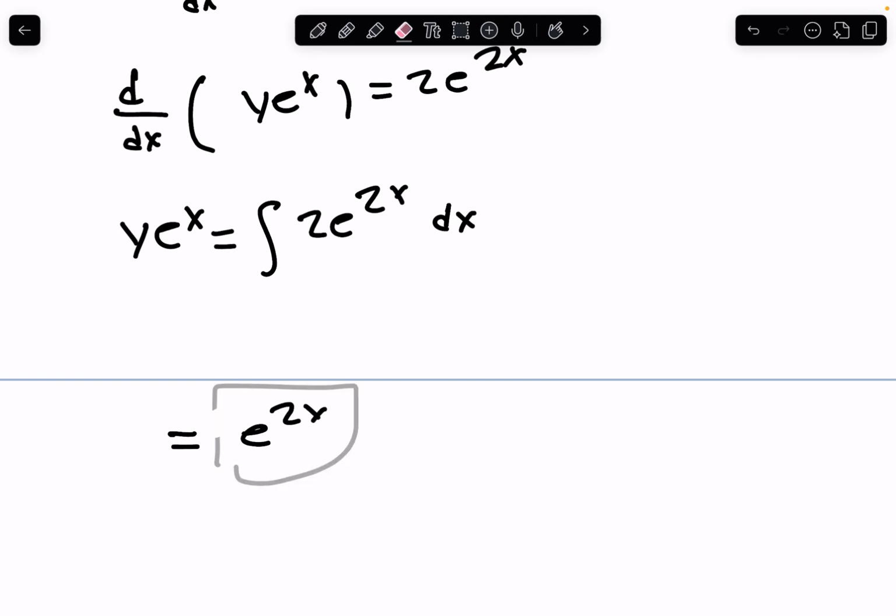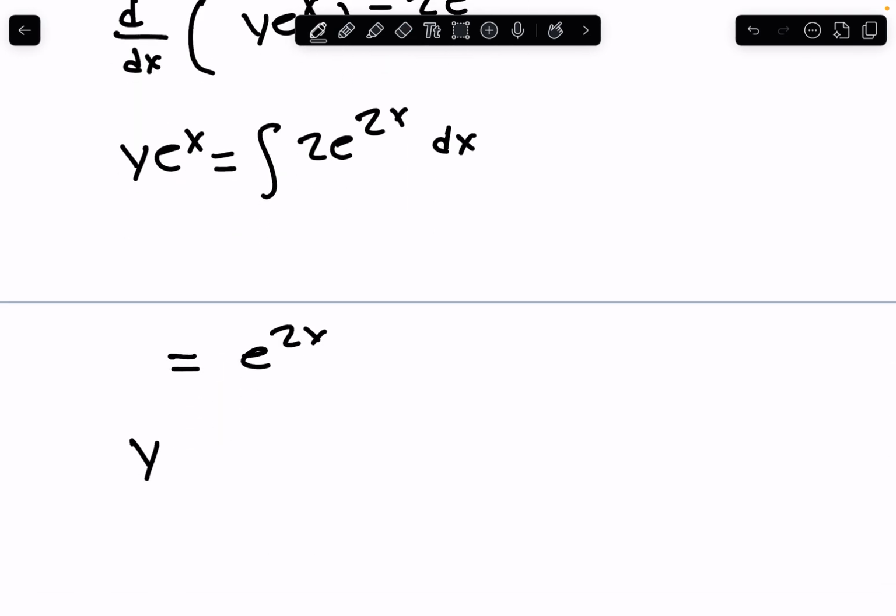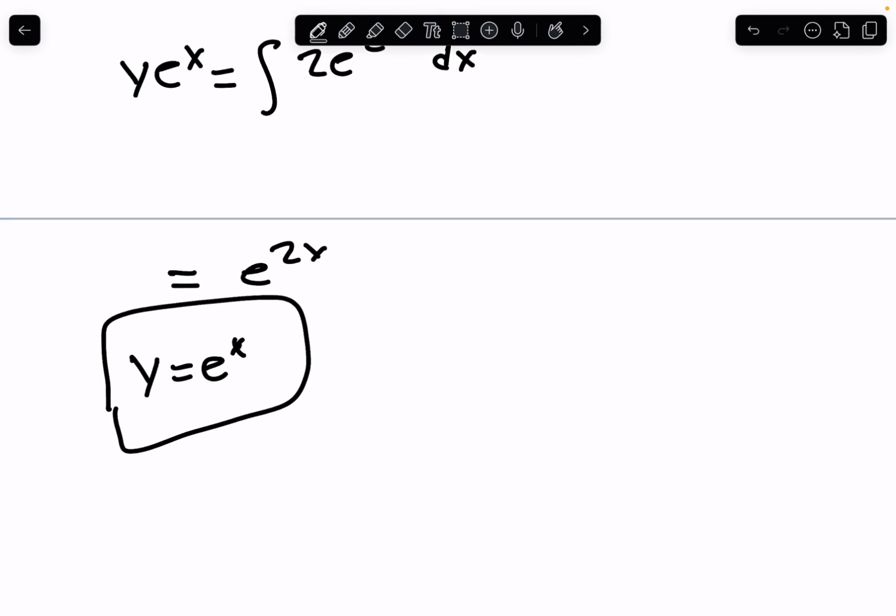And since you have e to the x on both sides, you'll simplify y equals e to the x. So this one was a bit easy.